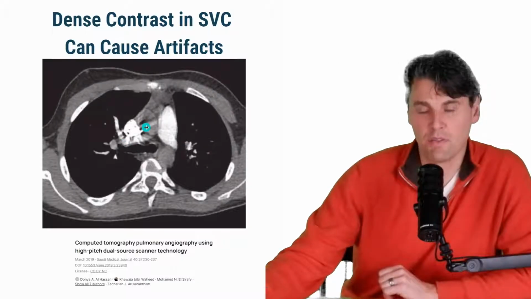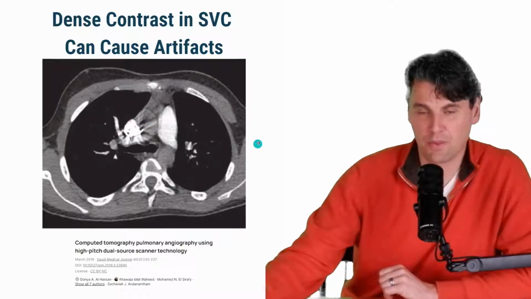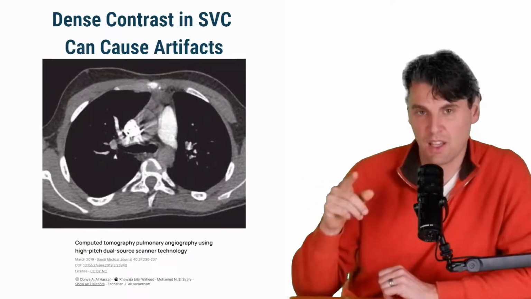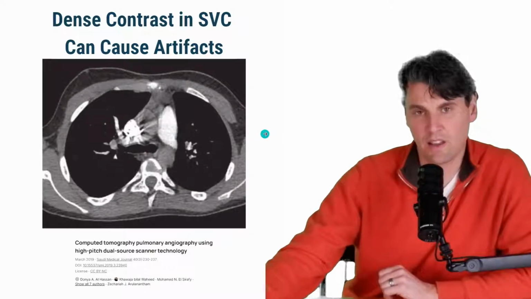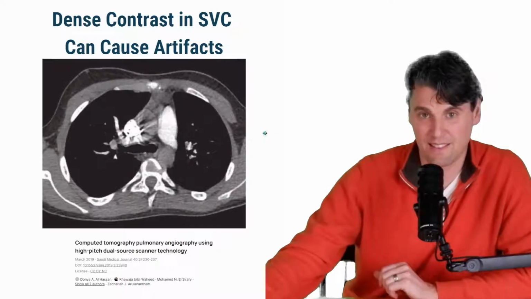Very high contrast pooling is similar to metal artifacts, where you can run into significant beam hardening and photon starvation. You can also have motion of this contrast pooling, which can cause significant streak artifacts. We're going to talk later about things we can do to try and reduce these in practice.